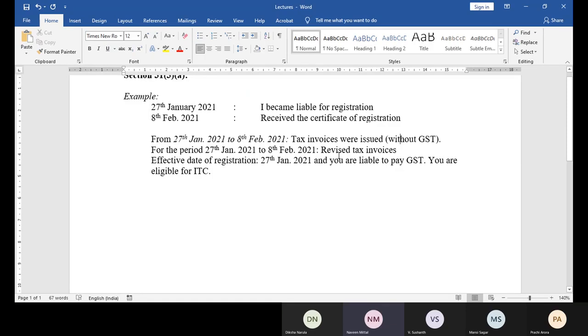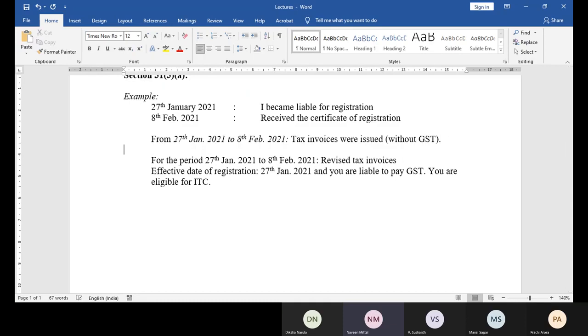From the date of receiving the registration certificate, tax invoices will by default have GST also. There is no compromise in this now.